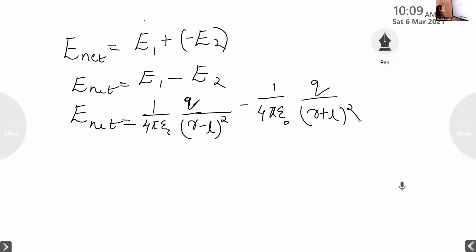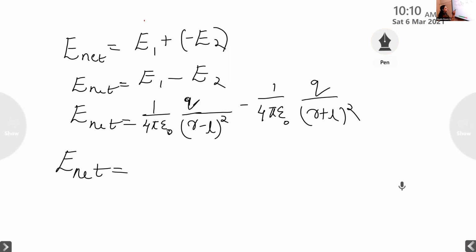Now, when we look at this equation, some terms are common. Which terms are common in this equation? 1 by 4 pi epsilon 0 and Q are common, so we can take them outside.